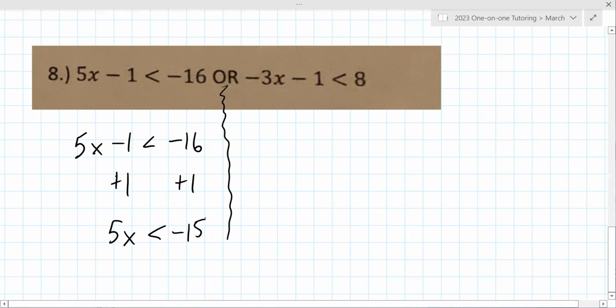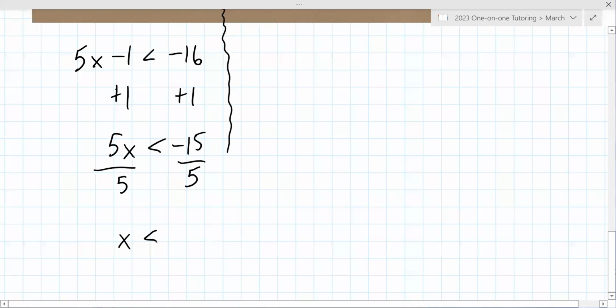Good. And then you divide by 5. Perfect. And then does that flip it because there's a negative? Only if the number you're dividing by or multiplying by is negative. This number on top is not important. Okay, I didn't remember that. So you get x less than -3. Yeah. Good.